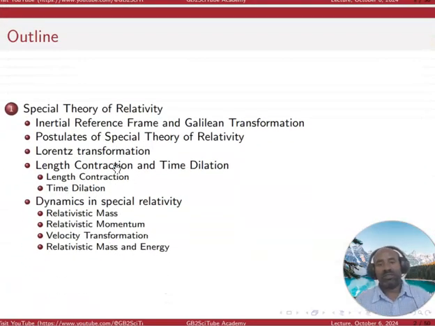Under the special theory of relativity, we will see inertial reference frame and Galilean transformation, postulate of special theory of relativity, Lorentz transformation, length contraction, time dilation, and also the dynamics of special theory of relativity. Of course, we will not cover all the topics in one video. We will try to see the first few subtopics in this video.